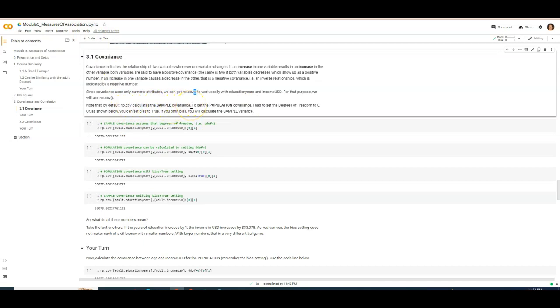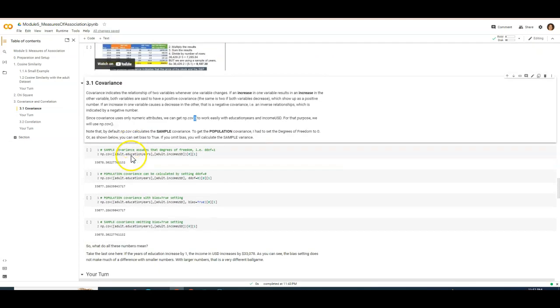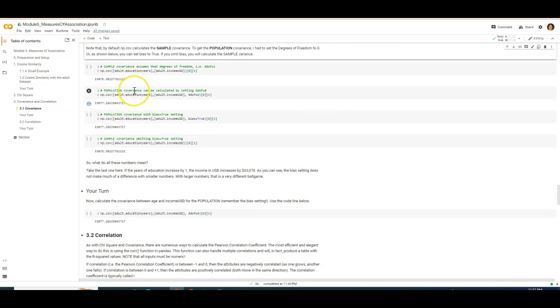To get a population covariance, we're going to set the degrees of freedom to 0 or set the bias to true. And if you omit the bias, you will calculate the sample covariance. That is explained in this video. So the sample covariance assumes that the degrees of freedom are 1. We are going to set it up like this.